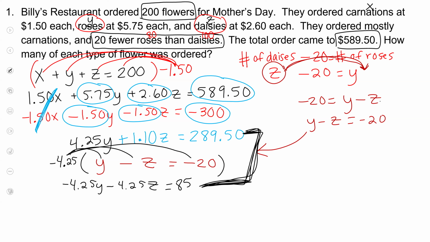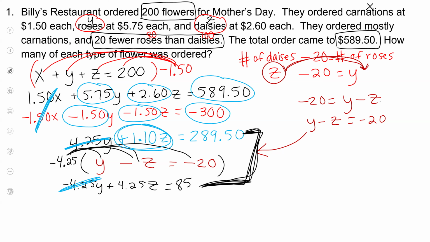Negative 4.25 times this negative z, two negatives make a positive. So make sure you have a positive 4.25z. Thumbs up if you have that. Thank you for catching that. Okay, let's go ahead and get started. 4.25 and negative 4.25 are gone, they canceled.